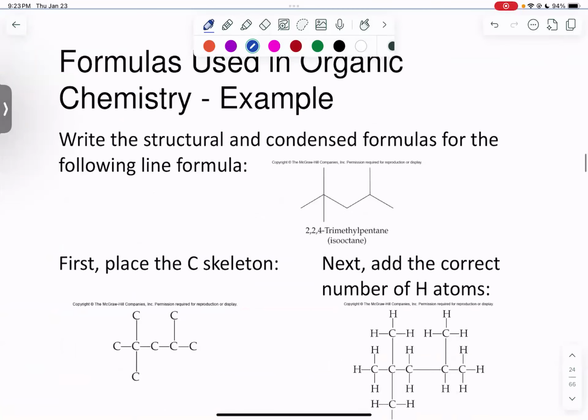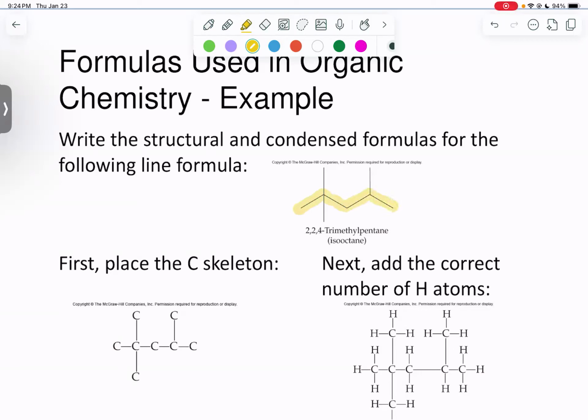You have to be able to go from any one of these structures to any one of the other structures. In this example, they're taking us from a line formula and they want us to go to structural and condensed. To get this right, I look for the longest continuous chain of carbons, and that's my parent chain.